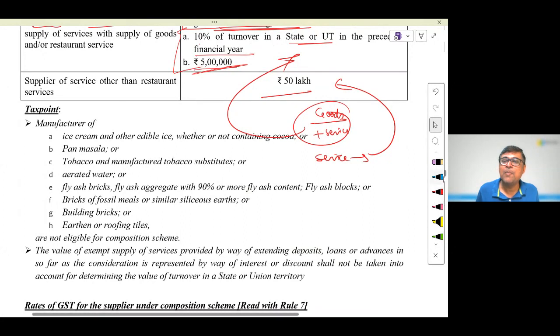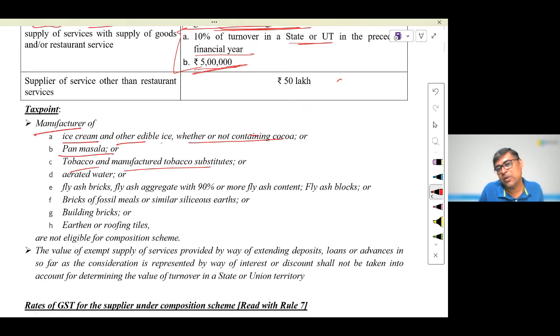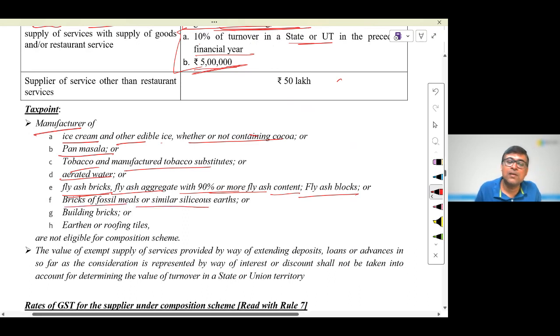However, if I'm a manufacturer of the following goods, I cannot opt for this scheme, even though my turnover is within the limit prescribed by the scheme. If I'm the manufacturer of ice cream and other edible ice, whether or not containing cocoa, pan masala, tobacco and manufactured tobacco substitutes, aerated waters, fly ash bricks, fly ash aggregate with 90% or more fly ash content, fly ash blocks, bricks of fossil meals or similar siliceous earth, building bricks or earthen or roofing tiles.